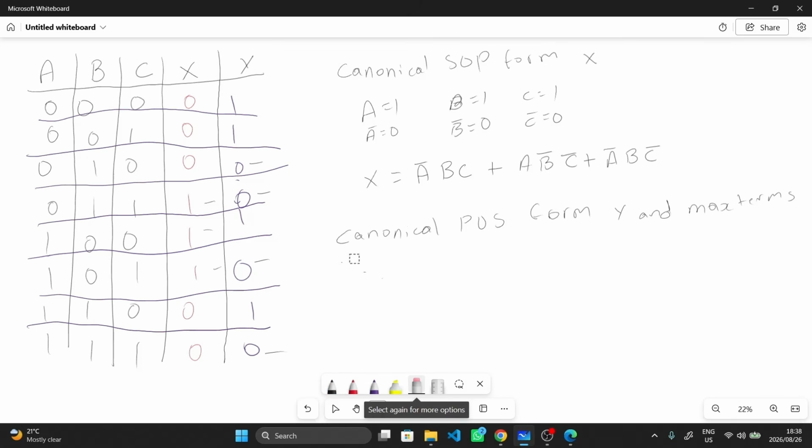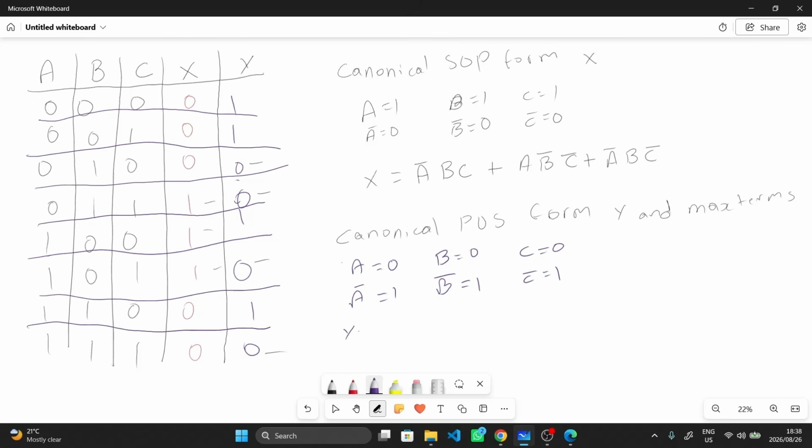And again, remember with POS, A is 0, A complement is 1, B is 0, B complement is 1, and C is 0, C complement is 1, right?